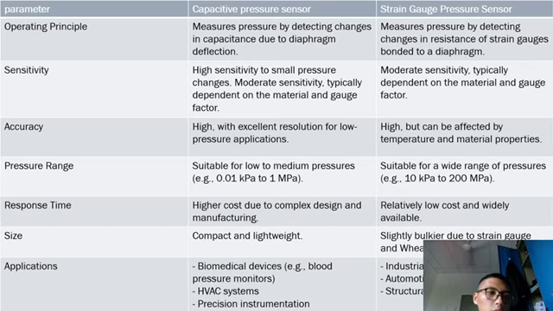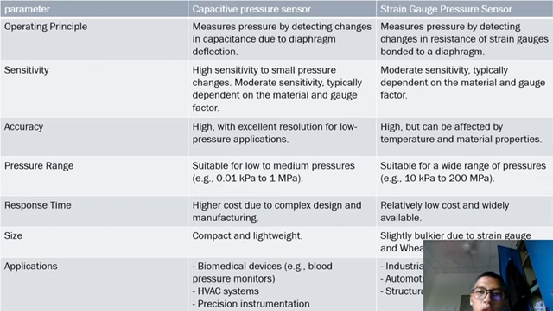I listed 7 parameters: operating principle, sensitivity, accuracy, pressure range, response time, cost, size, and application. For the operating principle, the capacitive pressure sensor measures pressure by detecting change in capacitance due to diaphragm deflection, and the strain gauge pressure sensor measures pressure by detecting change in resistance.